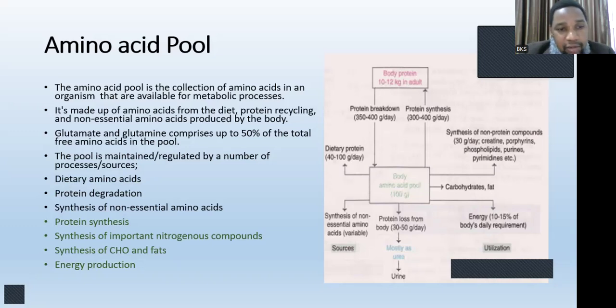We have already explained energy production in the case of synthesis of carbohydrates. Carbohydrate can be synthesized and immediately used for energy production, or it can be synthesized and then stored.